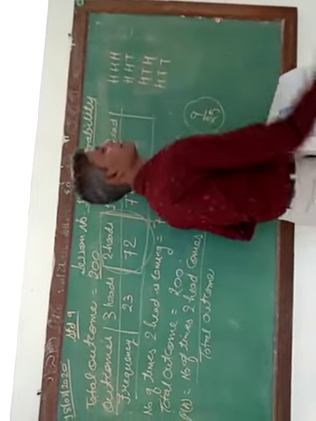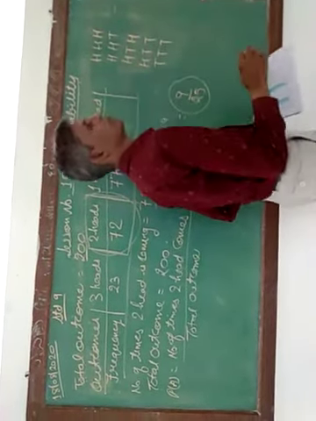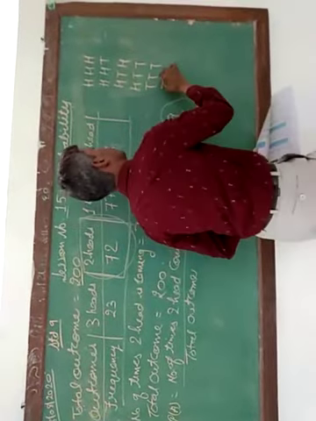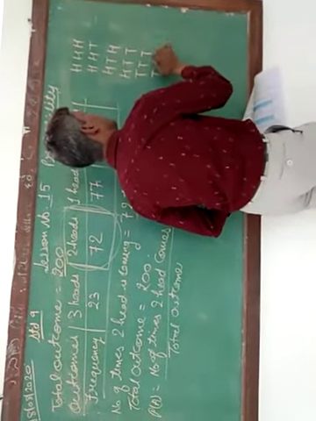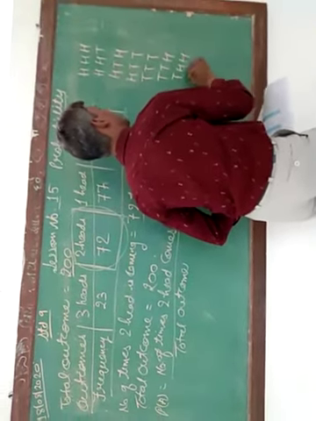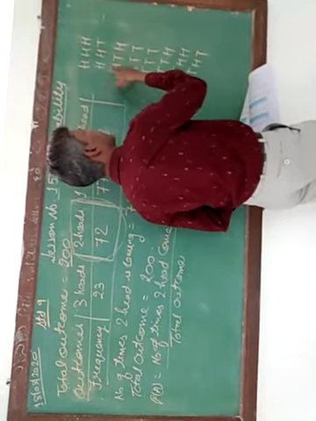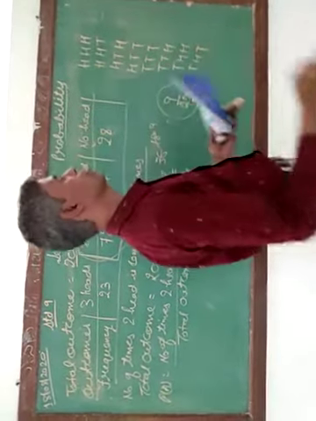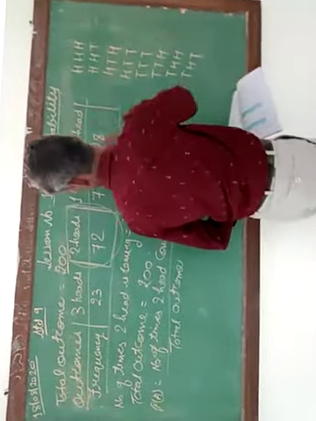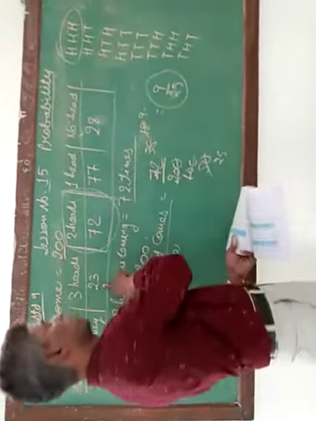Head, tail, tail. Again all 3 coins may have tail. Again: tail, tail, head, tail, head, head, tail, head, tail. That is 8 possibilities. So all 3 heads coming, this probability is 23 times.